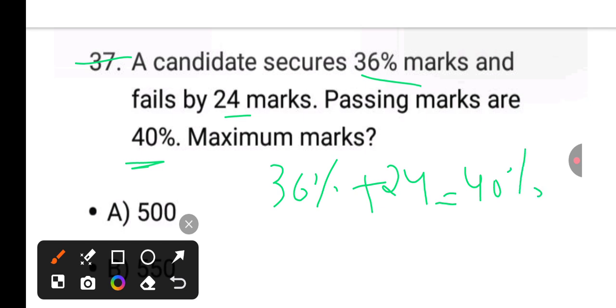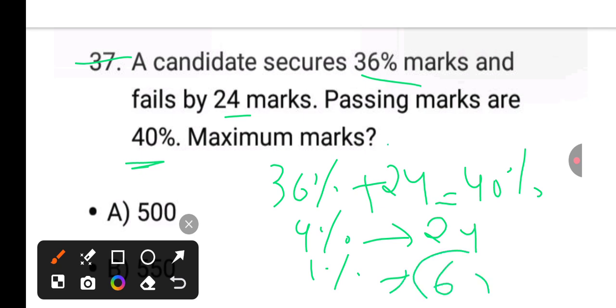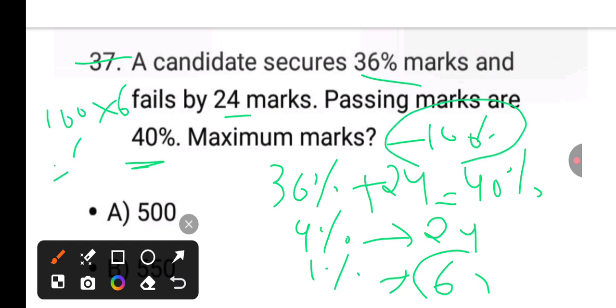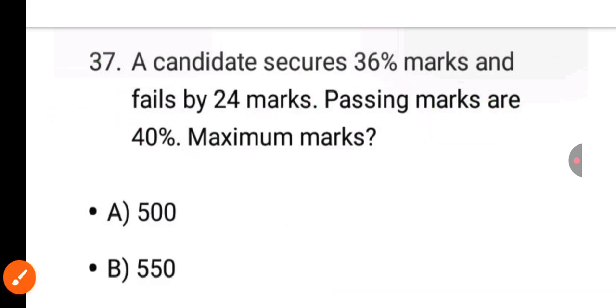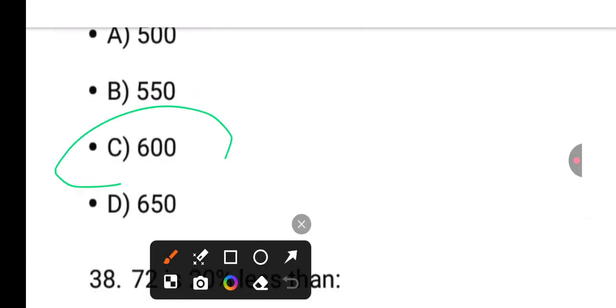Now, 40 minus 36 is 4%. 4% equals this 24. What is 1%? 1% is 6. Maximum marks is always 100%, so 100 into 6 is 600. 600 is the maximum marks. Option C. This is the answer.